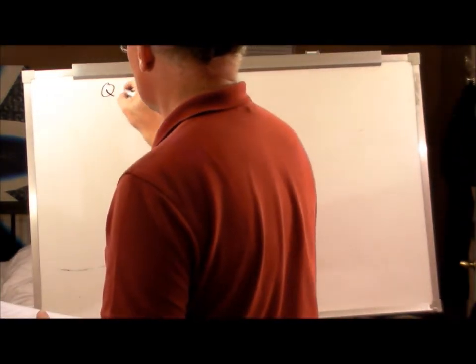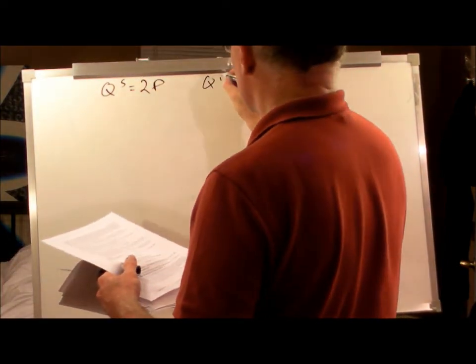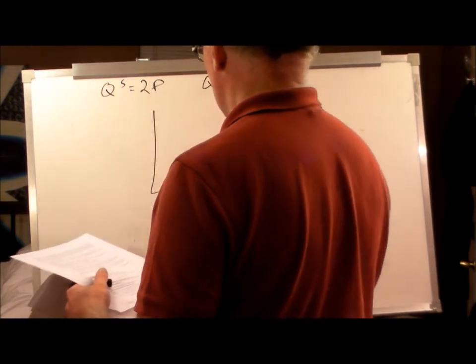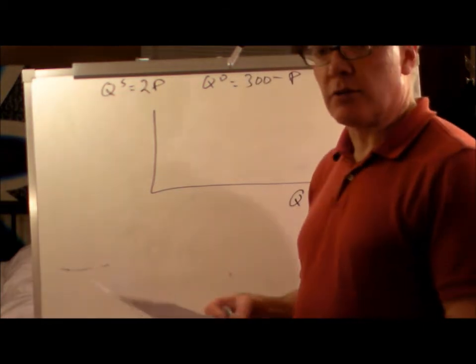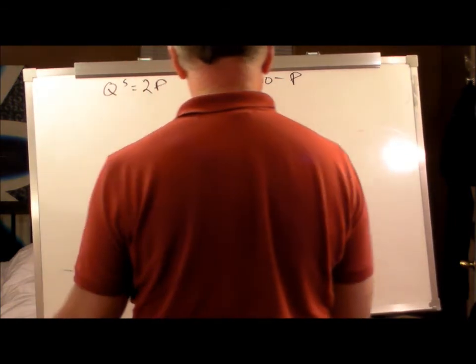So let's go back to our very beginning, where we knew that the quantity supplied equals 2 times P, and the quantity demanded equals 300 minus P. And so this is our quantity. I need to make enough room for two graphs, so let's not get too carried away here.